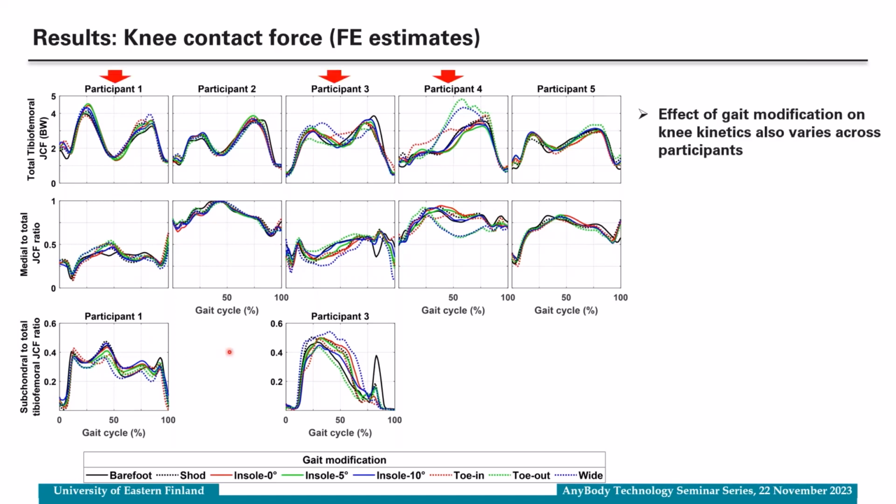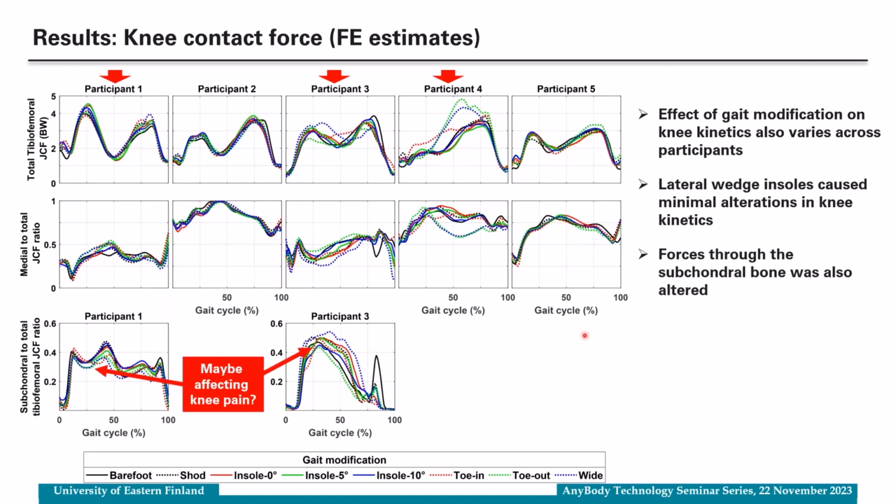And likewise the kinematics, what we observed here was that the effect of gait modification was also variable between the participants, like participant 1, 3, and 4 compared to participants 2 and 5. And likewise, again, the lateral wedge insoles caused minimal alteration in the knee kinetics.